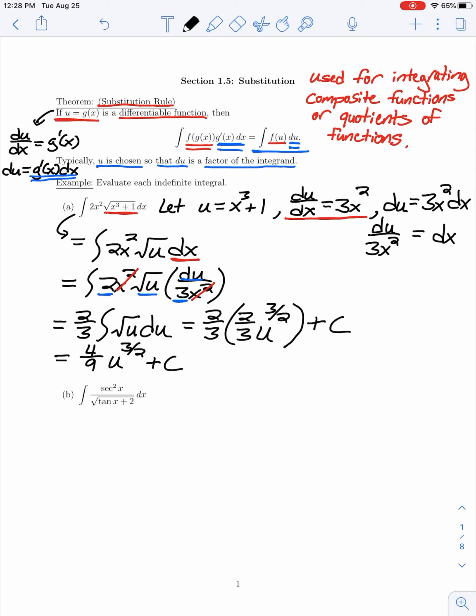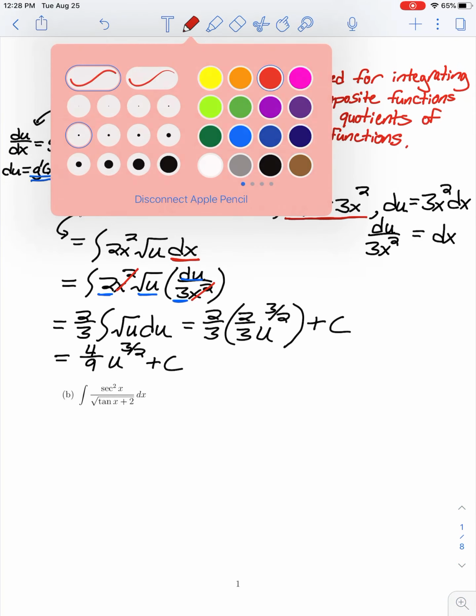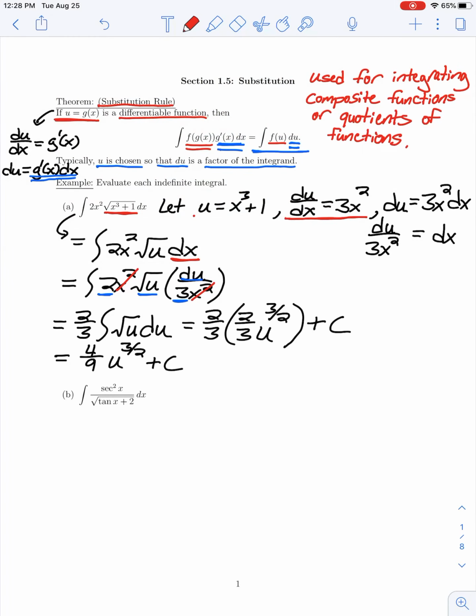But one thing that we want to do when we're using this substitution method is express our final answer in terms of the same variable that we started with. So in the statement of the problem, in part A, the function that we were integrating involved x and not u. So we want our final answer in terms of x. So to get it, we're going to take whatever we called u, in this case x cubed plus 1, and substitute it back into this function that we found as our antiderivative.